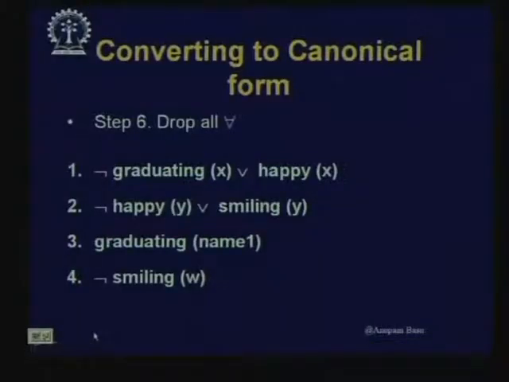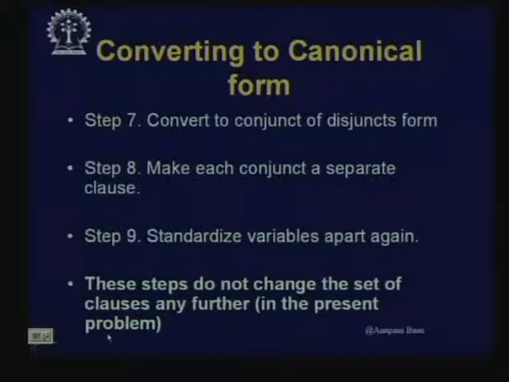So, after we have dropped all these quantifiers, we convert to conjunct of disjunct form and make each of these a separate clause, and we standardize variables apart again, so that each of these clauses will now have separate variables.